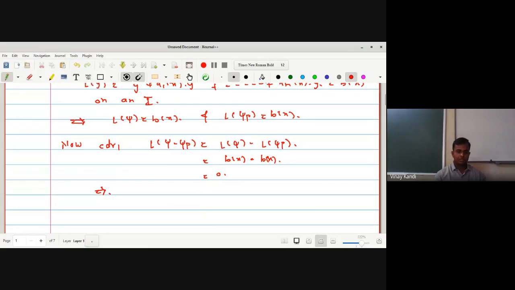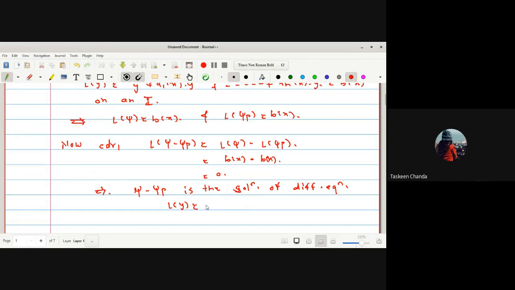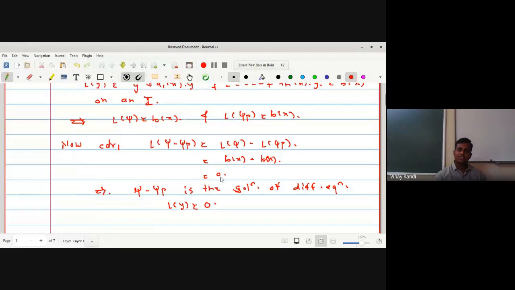Hence psi minus psi p is the solution of the differential equation L of y is equal to what, 0 or b of x? 0. Yes, L of psi minus psi p is equal to 0. Hence psi minus psi p is a solution of L of y is equal to 0.